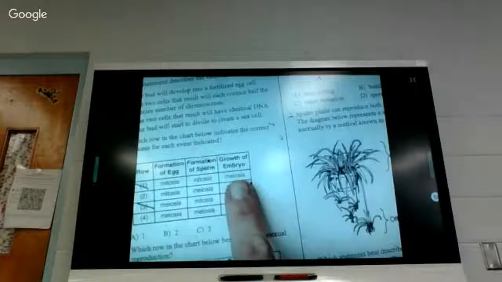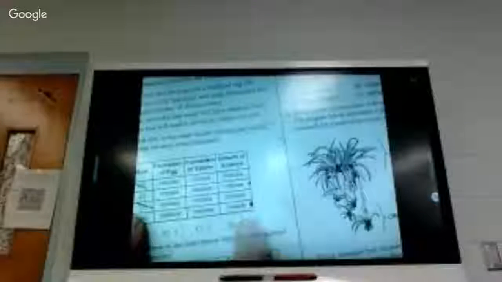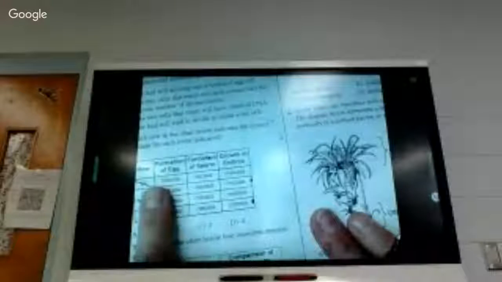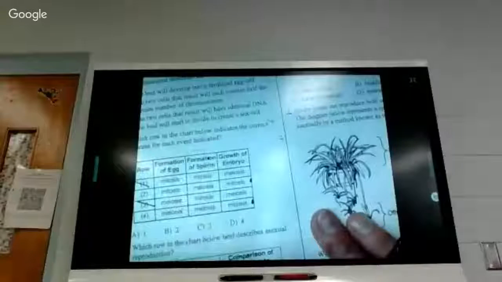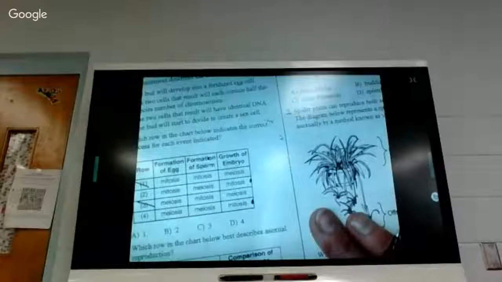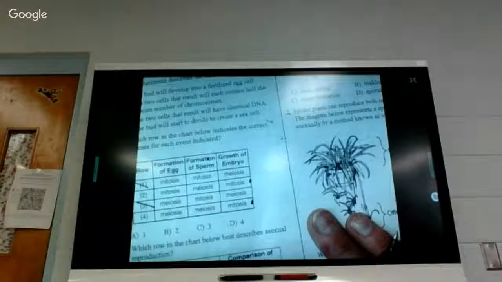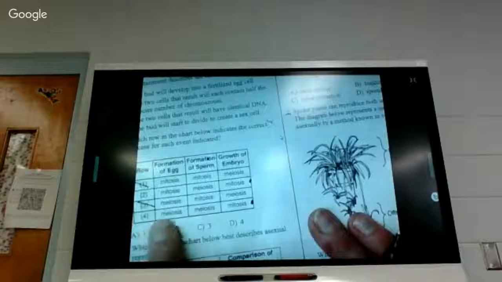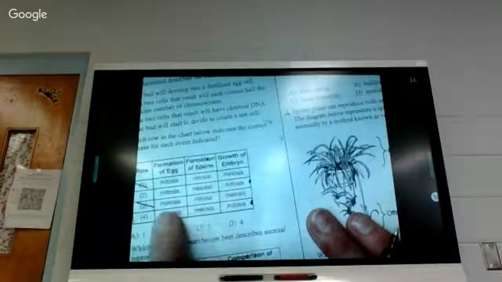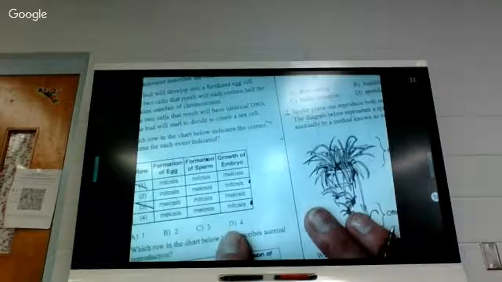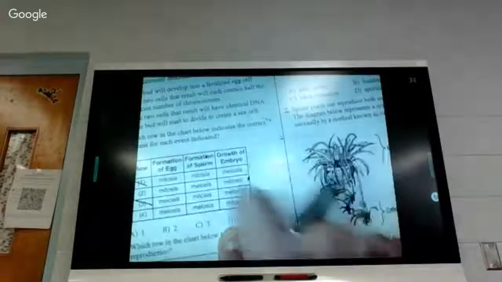Okay, so meiosis, go ahead and mark out number 1. I'll mark out number 3. Because you know it's always going to be mitosis, so I just put dots next to them. Now, go across. How do we make egg? How do we make sperm? Meiosis. So, what's the answer? D. Meiosis makes egg, meiosis makes sperm, just difference in boy and a girl. So it is D. Love that question. So that's really very similar to what you'd see on the EOC.